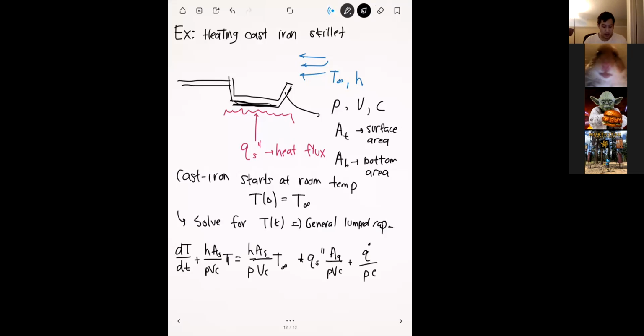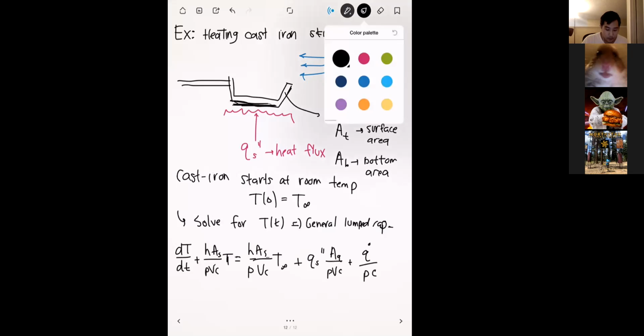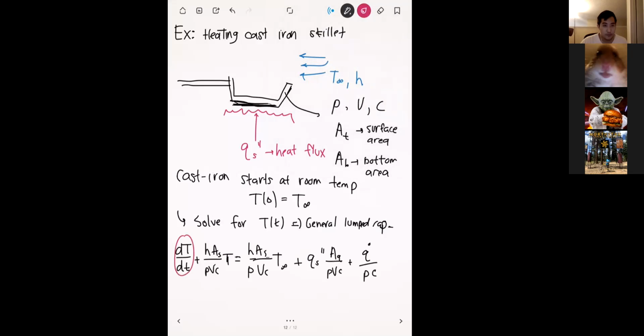Here is our general lump capacitance formula, which is what we wrote on the previous page. Let's look at each of the terms and see which ones we're going to keep. First we have our time derivative term. We're going to keep this one. We always keep this one, otherwise we have nothing to solve for.